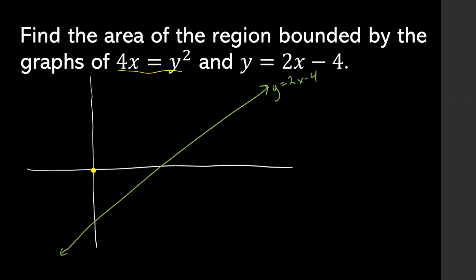4x equals y squared definitely contains the point 0, 0. And then what else? It contains the point 4, 4, which is somewhere up here. And then it also contains the point 4, negative 4.